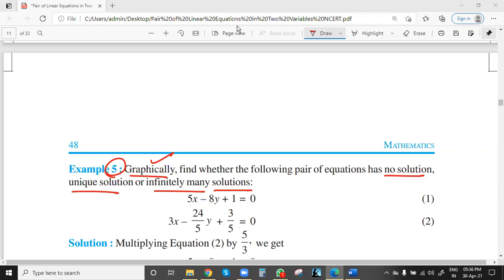Which type of solution is it? Three options we have: no solution, or unique solution, or infinitely many solutions. Tell me your answer.